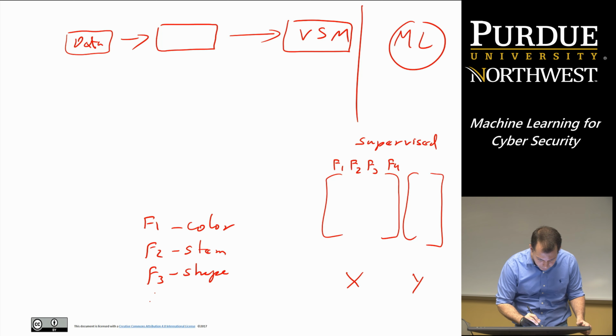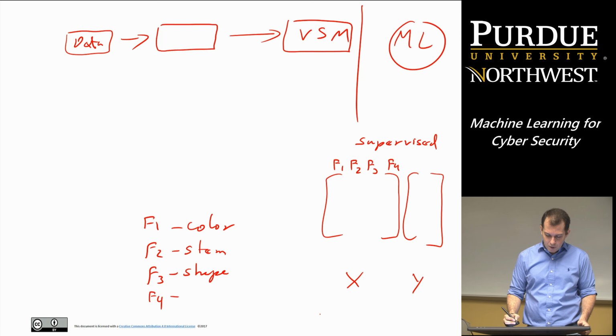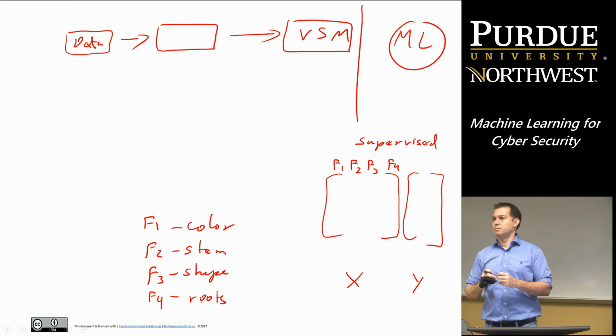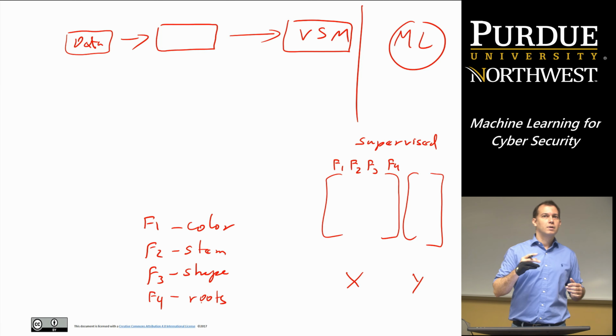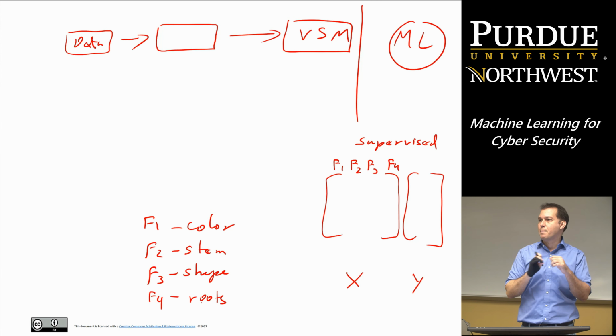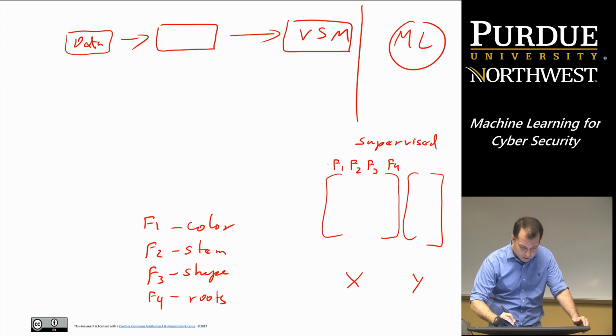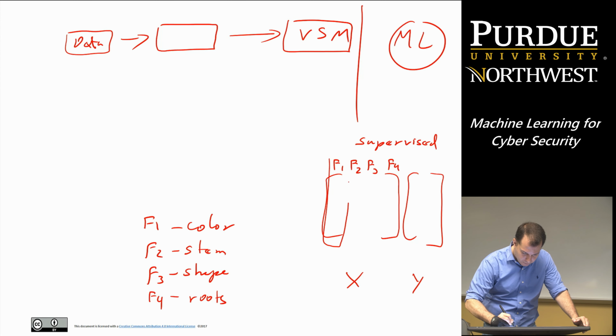F4, just so I keep it consistent with Iris, something with the petal. Somebody said the petal. Yeah, there's some shape, but it's a metric, so it's a length, or something like that. So now we have F1, F2, F3, F4. These are the columns that our data set needs to have.